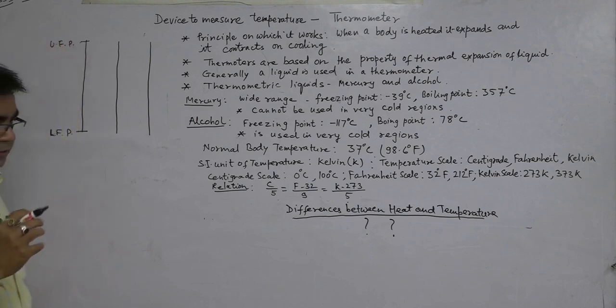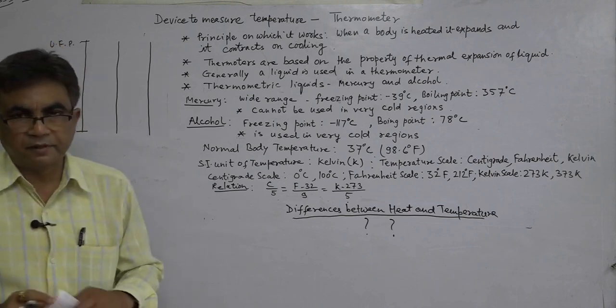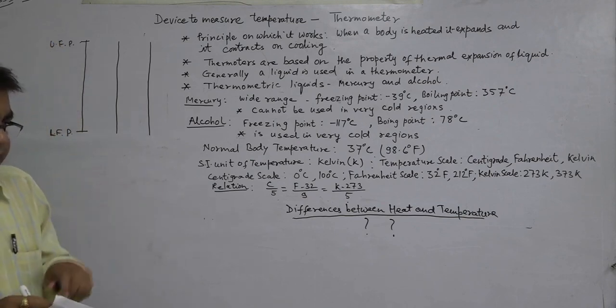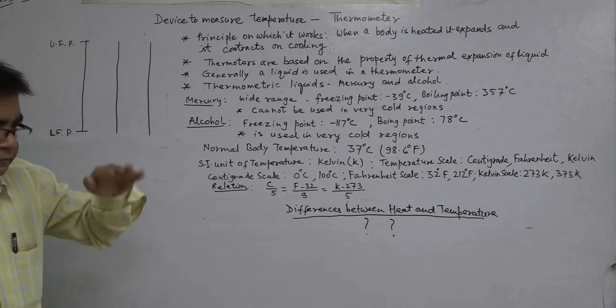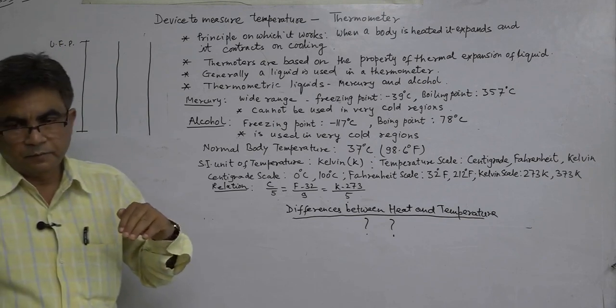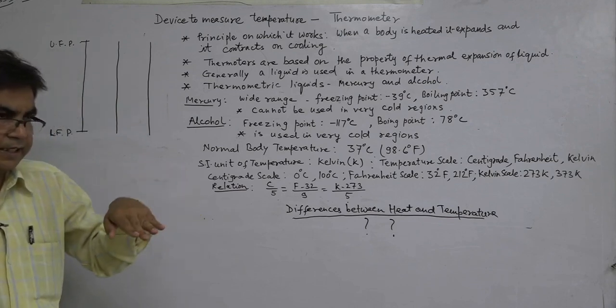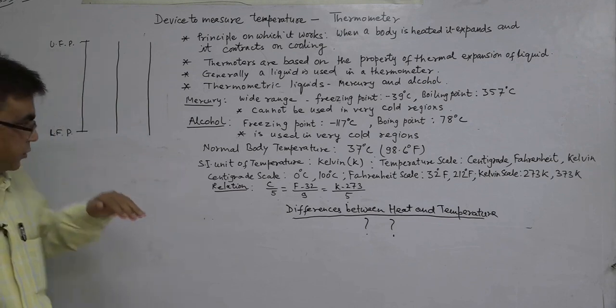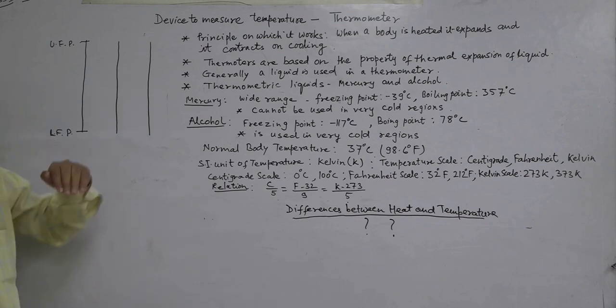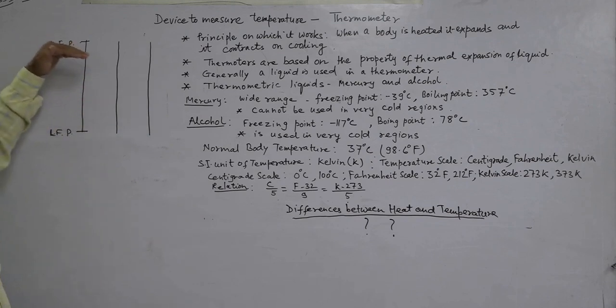Now, the question comes, what are the lower fixed point and upper fixed point? The lower fixed point is the freezing point of water, the temperature at which water freezes, and the temperature at which water starts boiling is your upper fixed point.